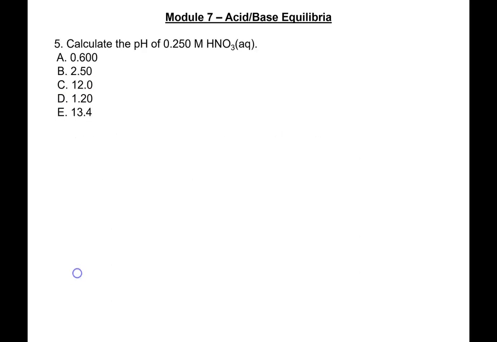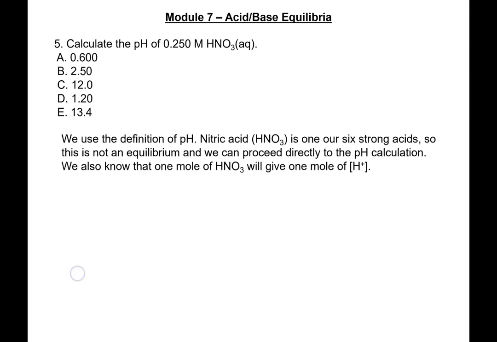All right, moving to number 5, we want to calculate the pH of a 0.250 molar HNO3, nitric acid, solution. This is nitric acid, one of our 6 strong acids, so there's not an equilibrium. It's a strictly 100% ionization problem.